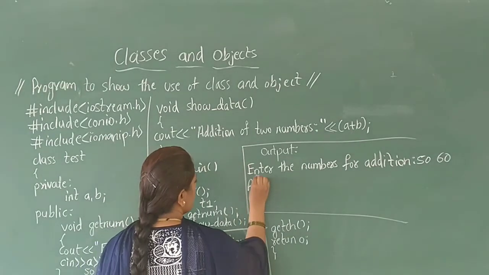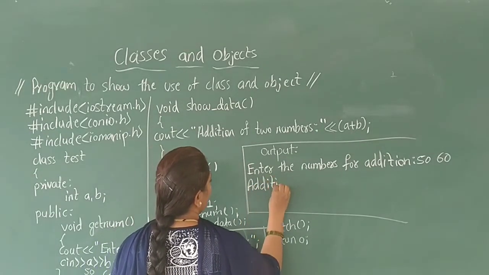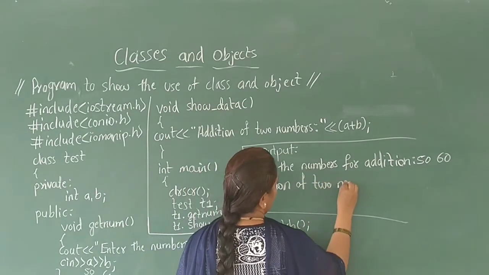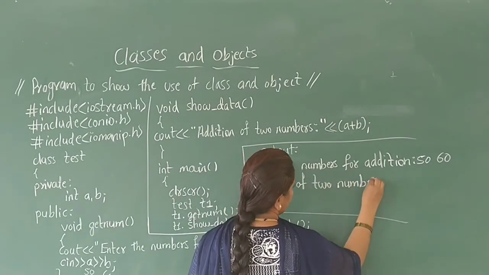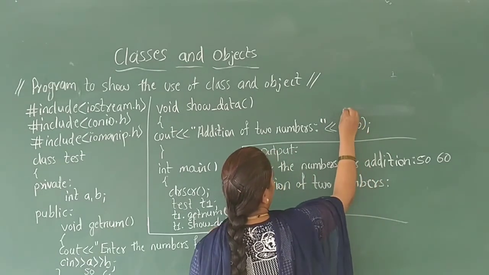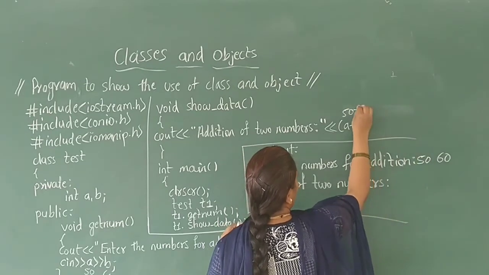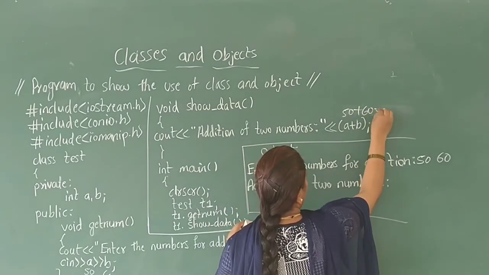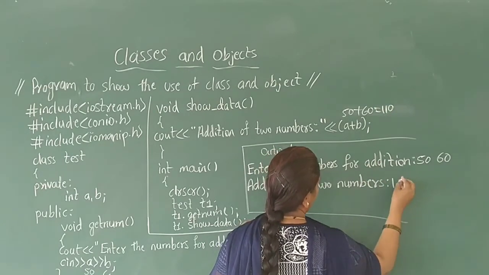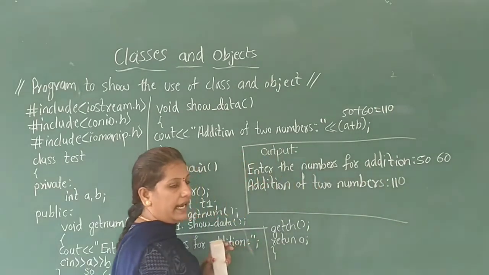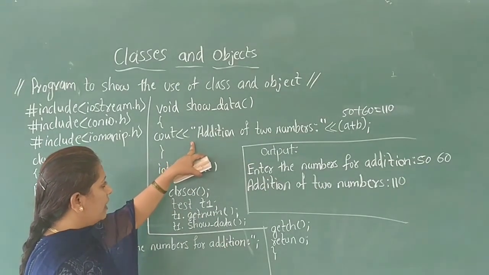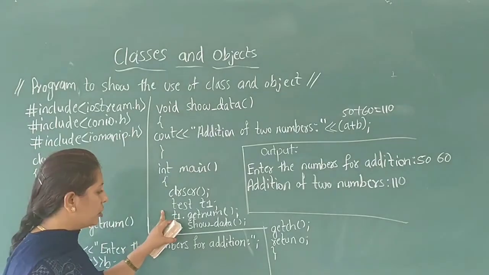Then it executes a plus b: a value is 50 plus b value is 60, then it is 110. Then it generates the addition of two numbers, 110. Then this function is closed and again control comes back to the main function.